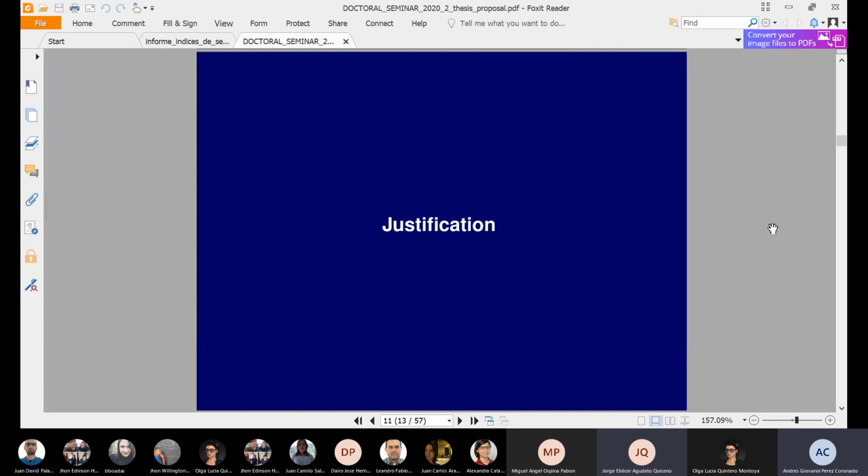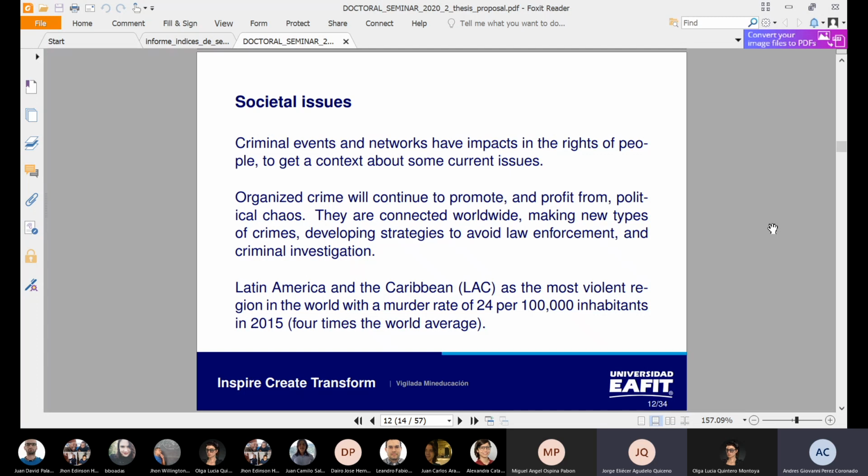The justification of my research is on societal issues. Of course, if we are victims of a crime, the criminal events have an impact on people's rights, and this gives context about current issues: what is happening right now, and how my rights as a person, as a citizen, are affected by criminal events.